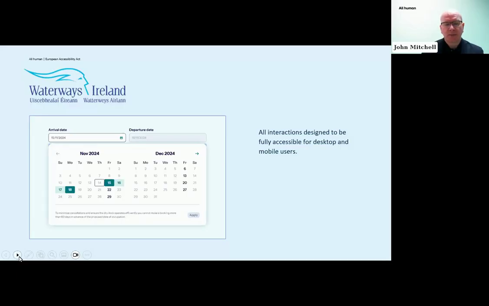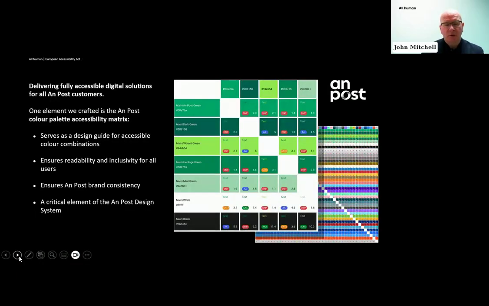And if you'd like to go on to the next slide, please. Also a great party to work with was Post, who are very committed to compliance at all stages. One of the techniques we adopted for them that is really practical is a color palette accessibility matrix. It doesn't roll off the tongue, but think of it as a digital swatch.